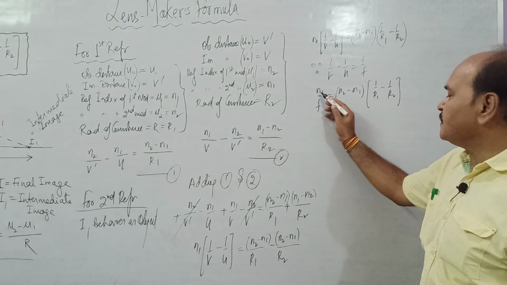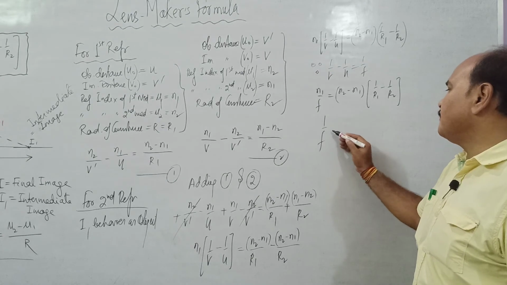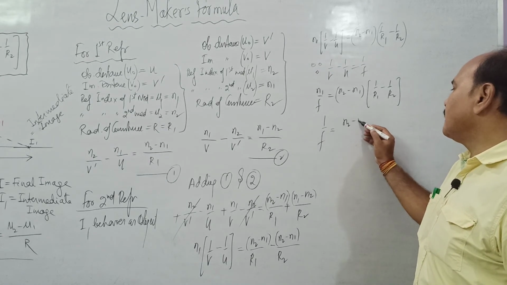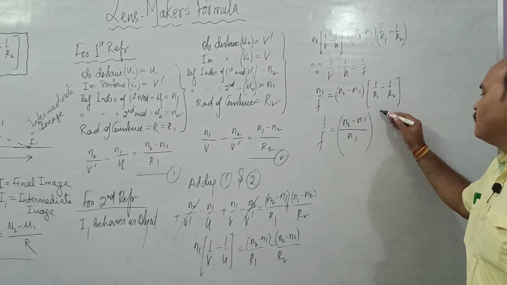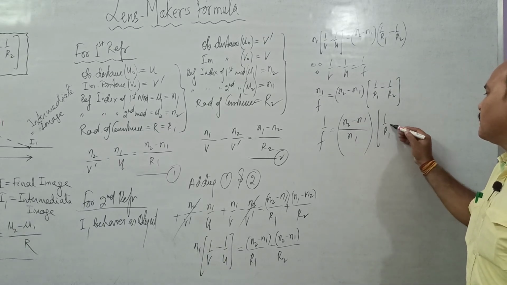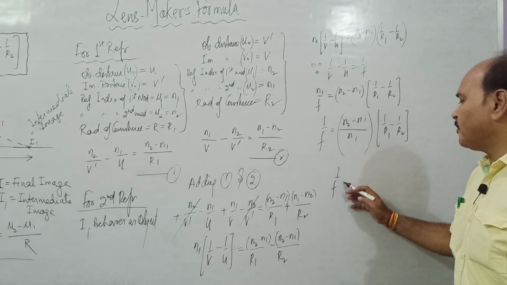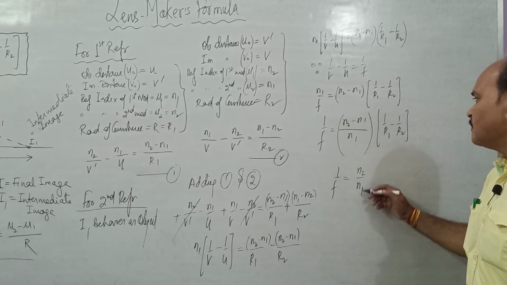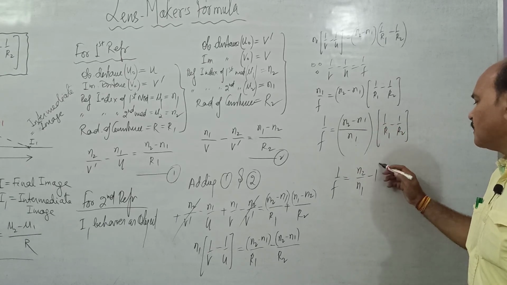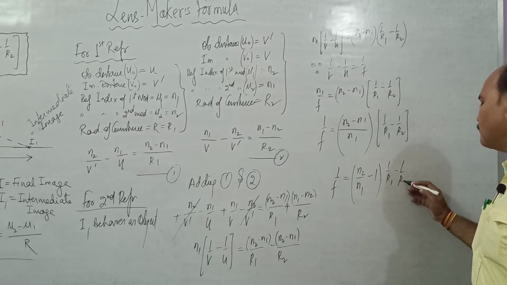If we shift n1 to the other side, we get 1 upon f is equal to n2 minus n1 upon n1 times 1 upon R1 minus 1 upon R2. And this is 1 upon f is equal to n2 upon n1 minus n1 upon n1, which is 1, times 1 upon R1 minus 1 upon R2.